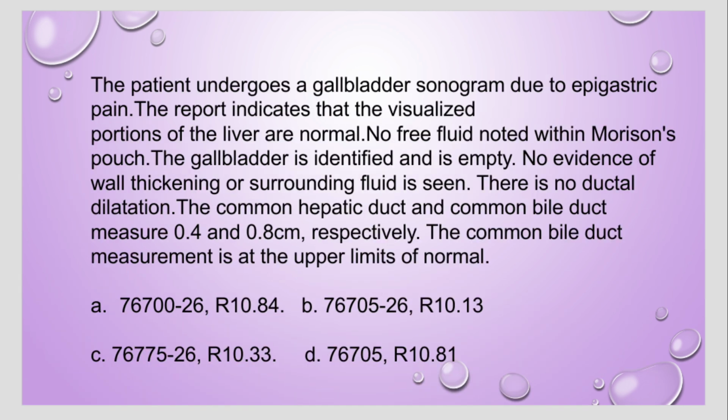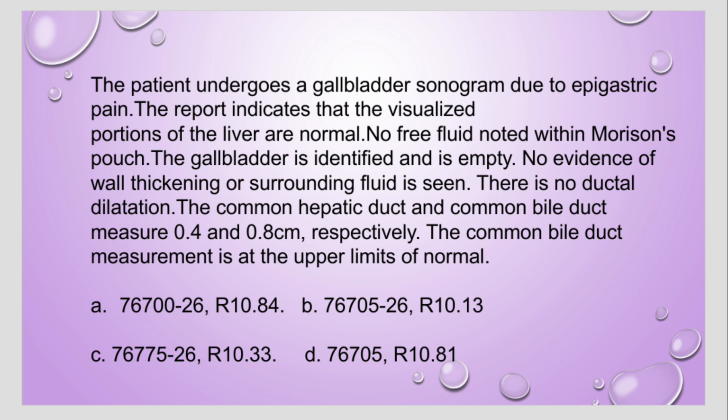The patient undergoes a gallbladder sonogram due to epigastric pain. The report indicates that the visualized portion of the liver are normal, no free fluid noted within Morrison's pouch. The gallbladder is identified and is empty.